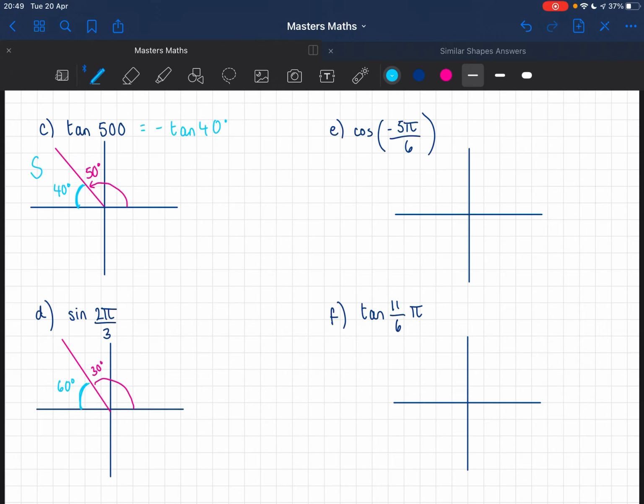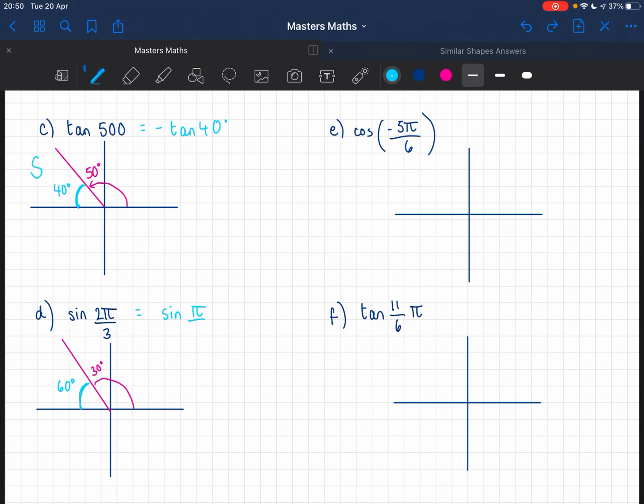We want to change that back into radians, because the question was in radians, so our answer should be in radians. Pi is 180, 60 is a third of 180, so it would be the same as sin pi over 3.